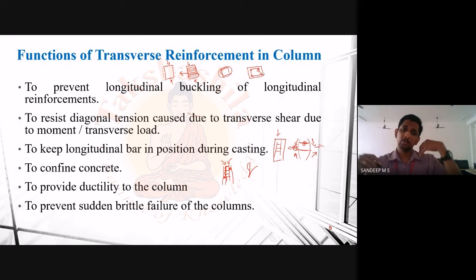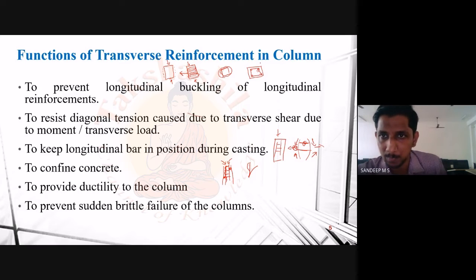So this will induce confinement inside our columns, and this will help to provide a much more stable structure for us. So this is another important function of a tie: to provide confinement in concrete, to confine the concrete.